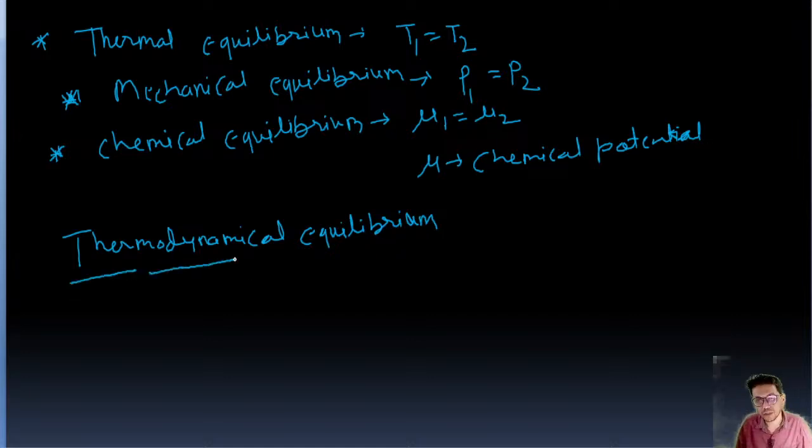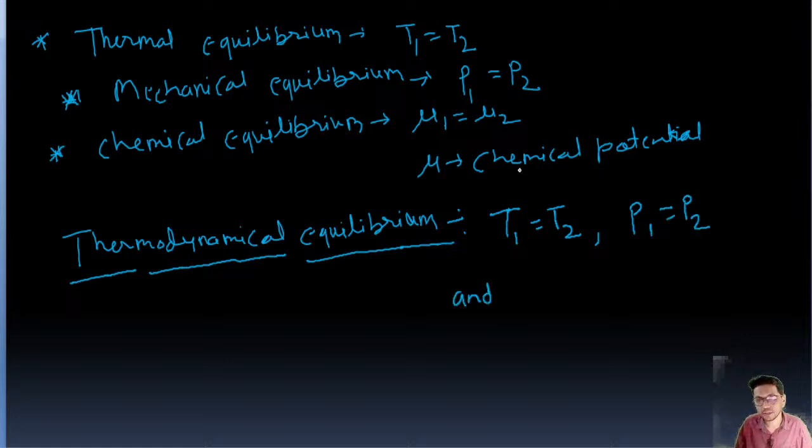Thermodynamical equilibrium, right? When the system is in thermal equilibrium, mechanical equilibrium and chemical equilibrium, in that case the system is known as being in thermodynamical equilibrium. The system will be called in thermodynamical equilibrium when T1 equals T2, P1 equals P2, and mu1 equals mu2.